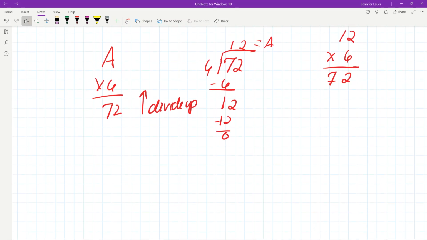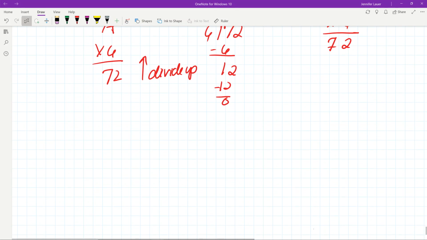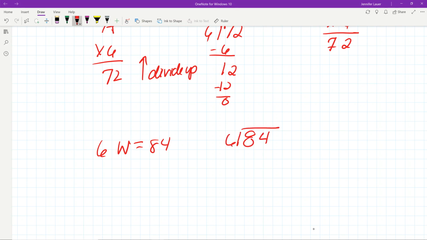So let's try another one. Let's say we have something that looks like this: 6W is equal to 84. Just like we did last time, we can do the opposite, and we can say 84 divided by 6. Opposite of multiplication is division.